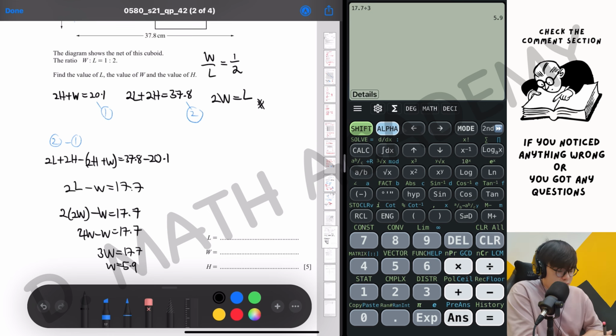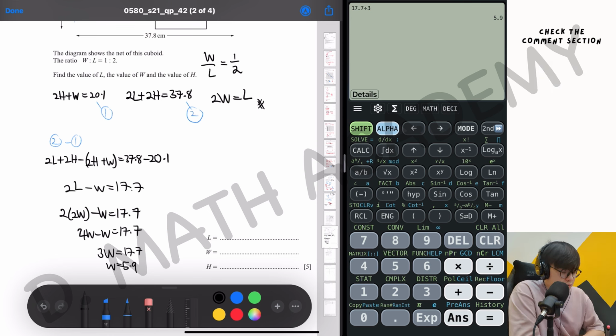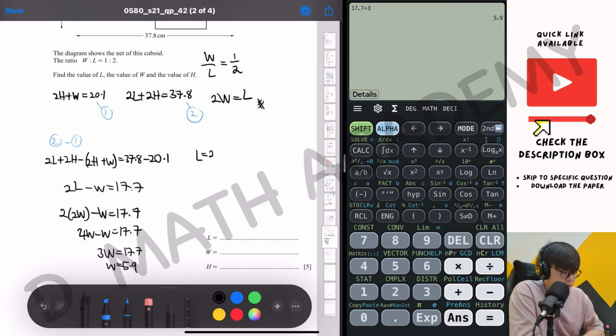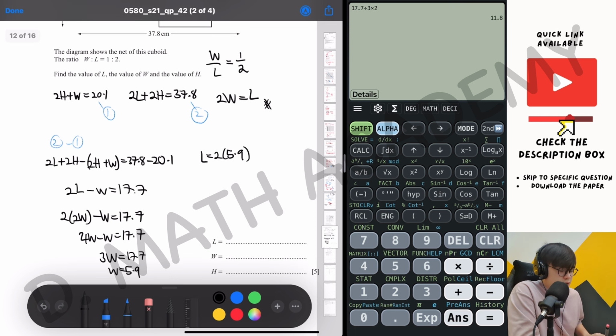So with this 5.9, you can know that your L equals 2 of 5.9. Okay, then you get 11.8 as your L here.